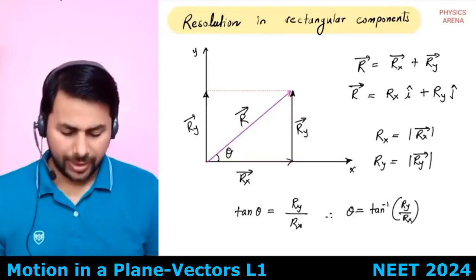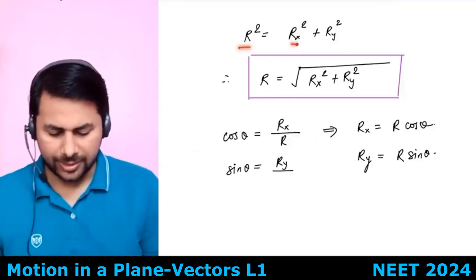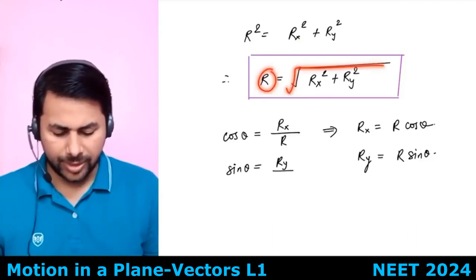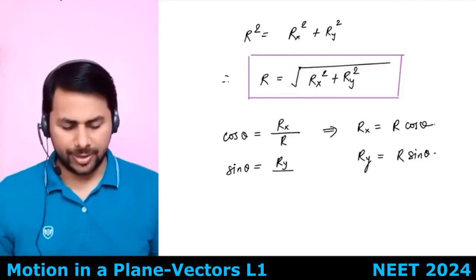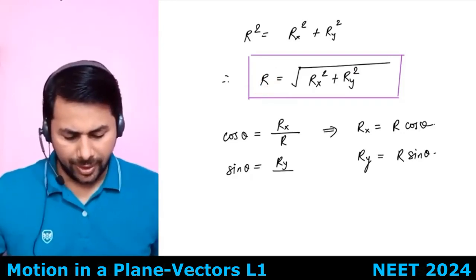So I will have r square equals rx square plus ry square, and therefore r will be equal to square root of rx square plus ry square. This is the magnitude of the resultant, right?